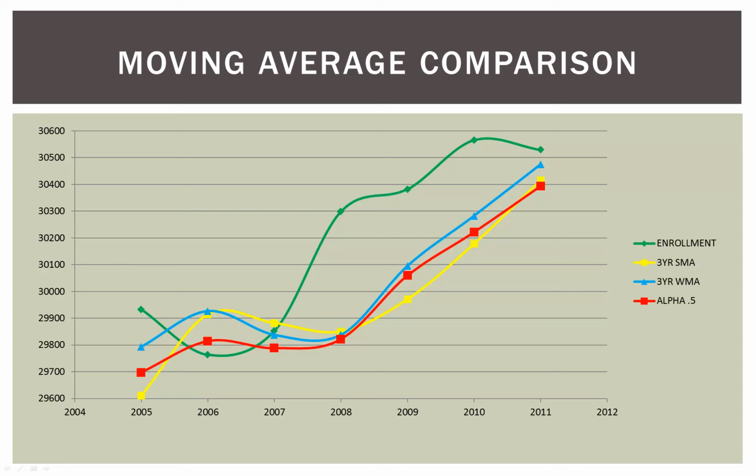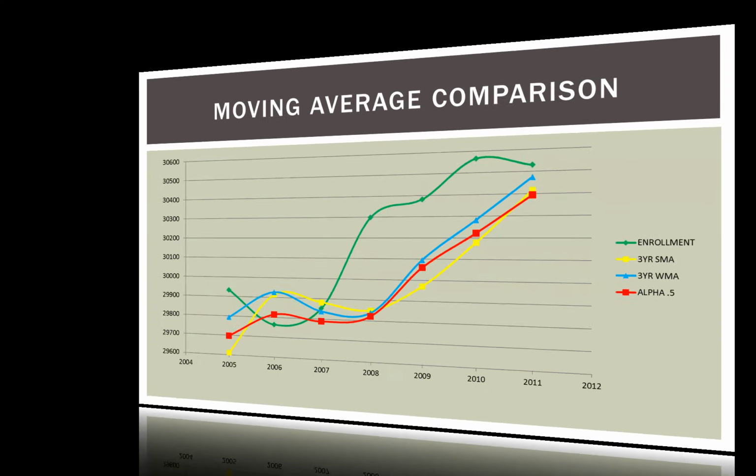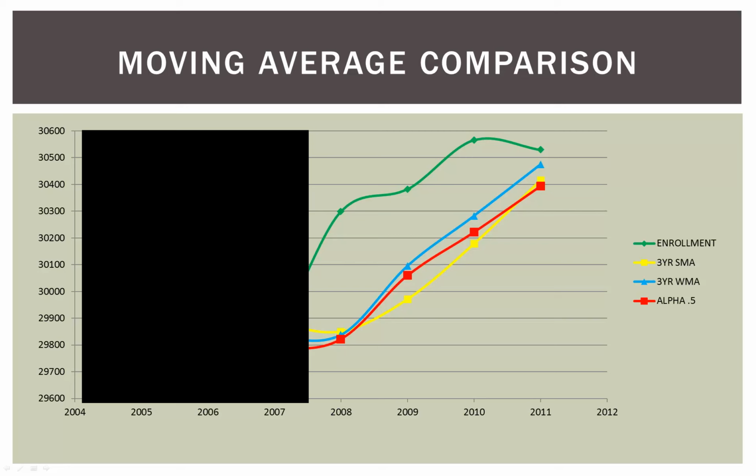Alright, so we're back to our composite graph, and again you can see how the 3-year weighted seems to be closer to the enrollment. However, looks can be deceiving. If I cover the left-hand side of this graph, then the 3-year weighted in the blue does look like it's closer to the enrollment than the other 2.